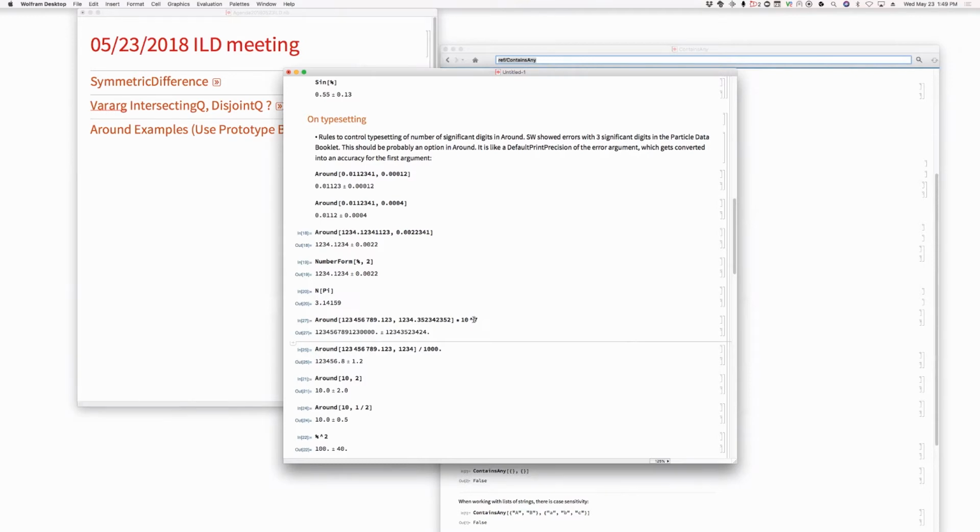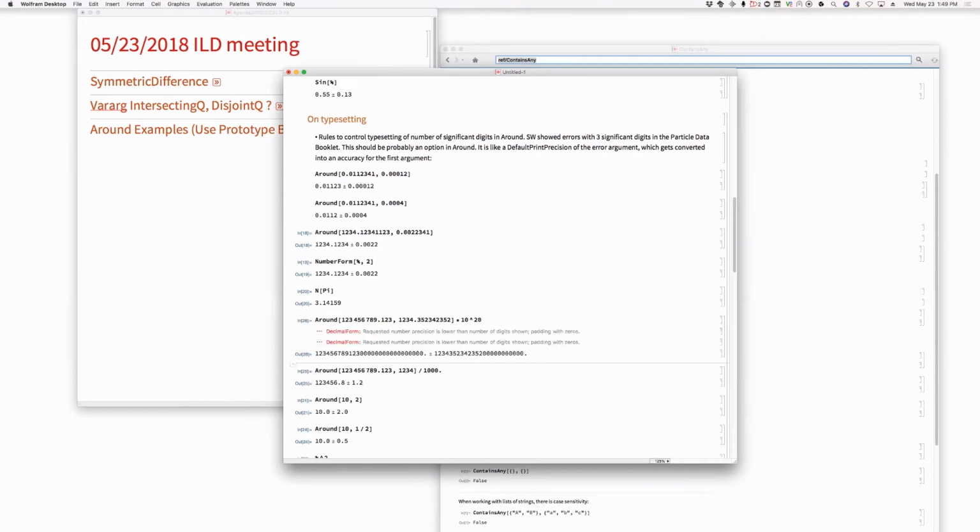This is a message coming from decimal form, because here you wrote, so this internally is working via decimal form and imposing some precision, and it's the combination of those that gives you those zeros to the right of the number. Oh, yeah, well, clearly this should have gone to scientific notation, and then all of them would have been happy. Yes. So that's what I'm saying. There should be some automatic switch to scientific form.